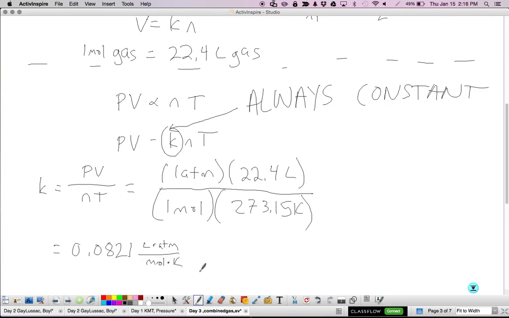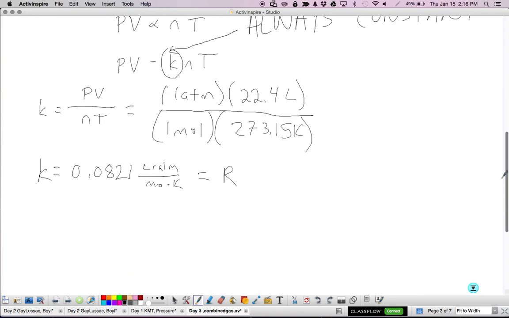And I told you that this is always a constant. Okay? This K, it's always a constant. And as such, they didn't stick with K for constant. They gave it a capital R. Okay? So, this equation up here, PV equals KNT, becomes PV equals nRT.